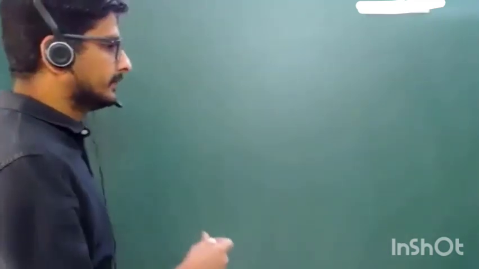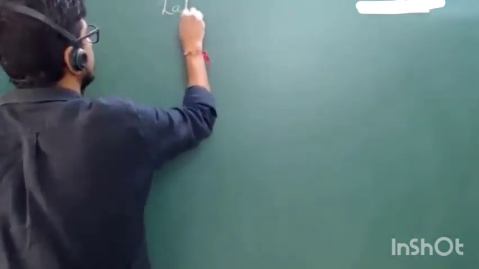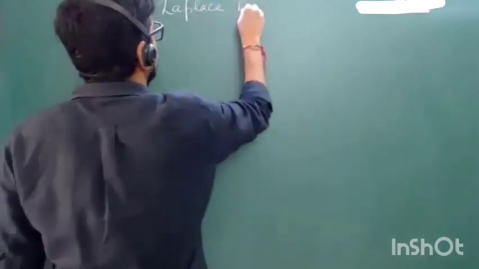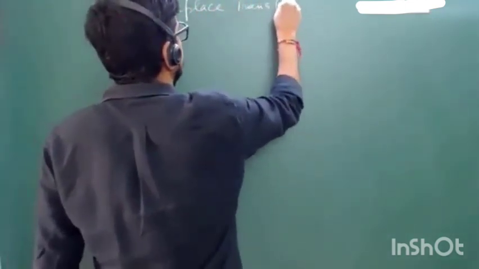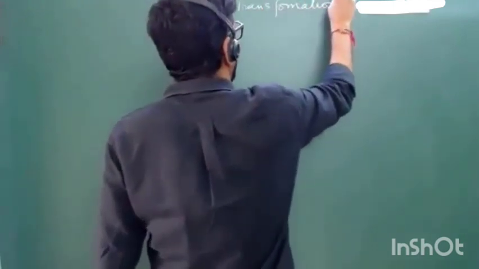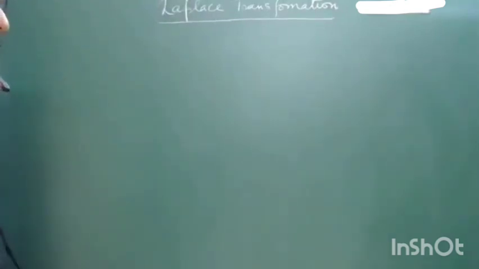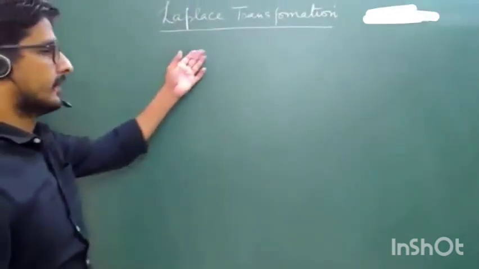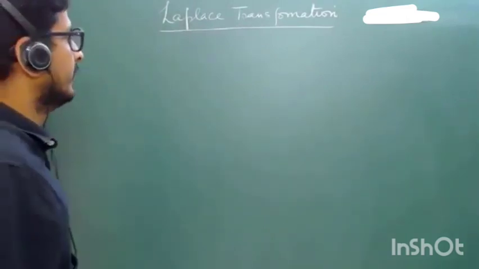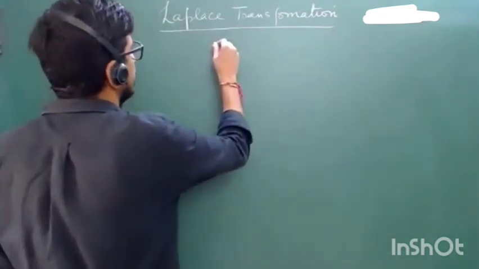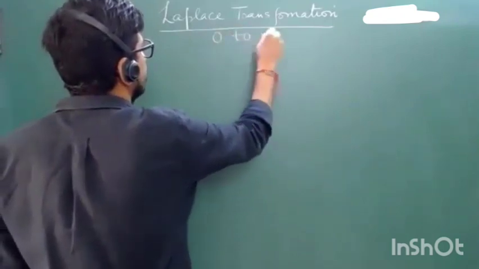So another kind of transformation that is known as Laplace transformation I am going to discuss. This is a very important transformation, Laplace transformation, and there the limit in Fourier transformation was from minus infinity to plus infinity, and in Laplace transformation the limit will be from 0 to infinity.